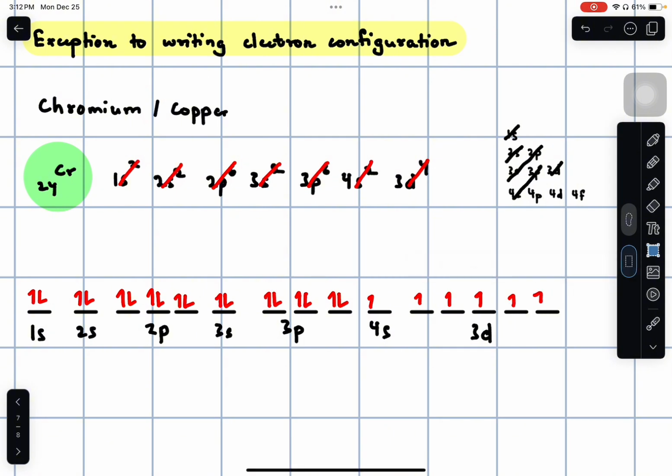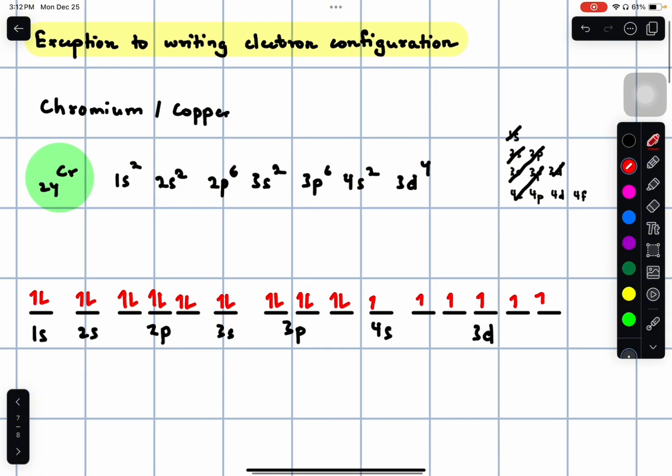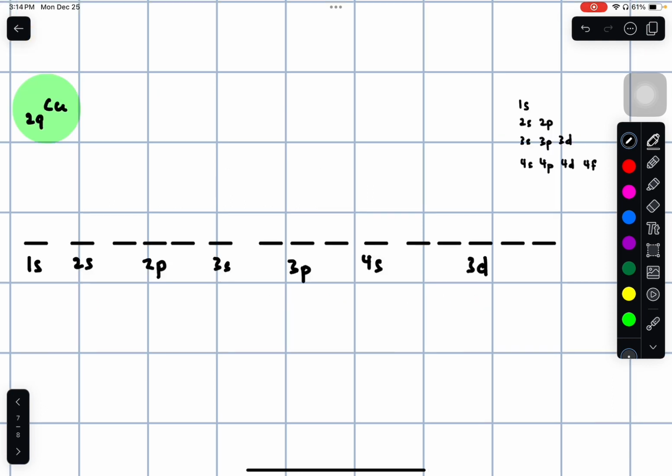And now we have two half-filled atomic orbitals, which is more stable than the ones that we had. That's why instead of writing 4s2 3d4, this is wrong. The correct way to write this would be 4s1 and 3d5.